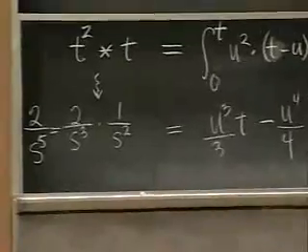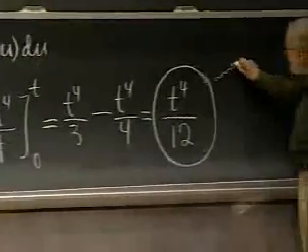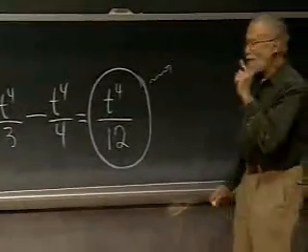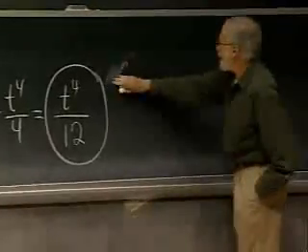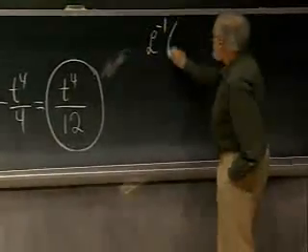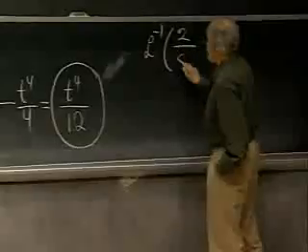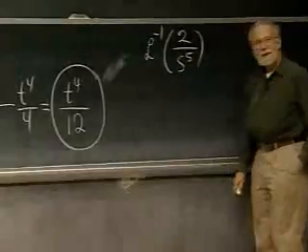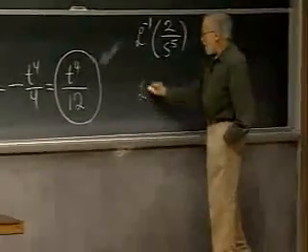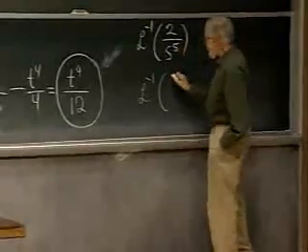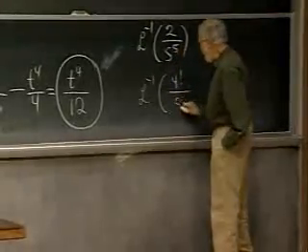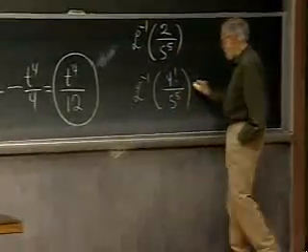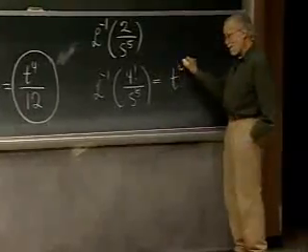Well, is that the same as this? In other words, what's the inverse Laplace transform of 2 over s to the 5th? Well, the inverse Laplace transform of 4 factorial over s to the 5th is how much? That's t to the 4th, right?